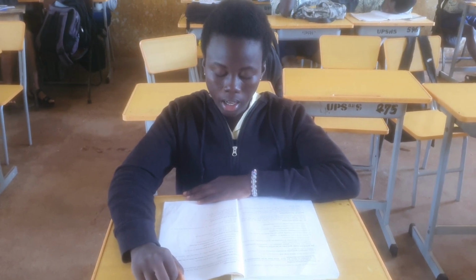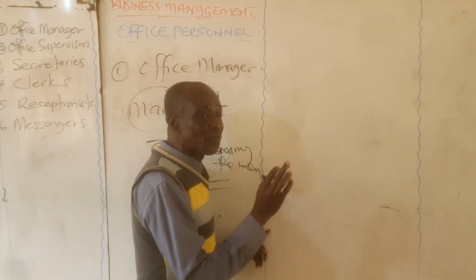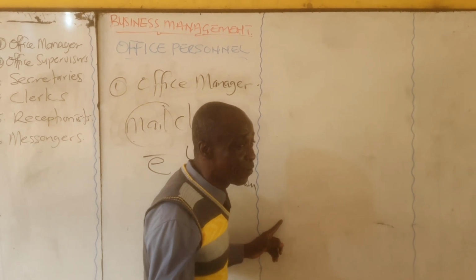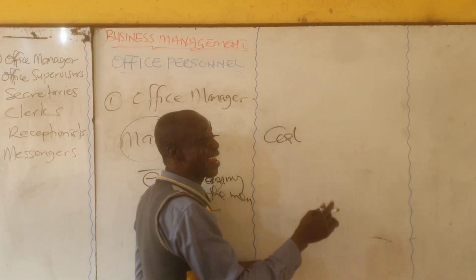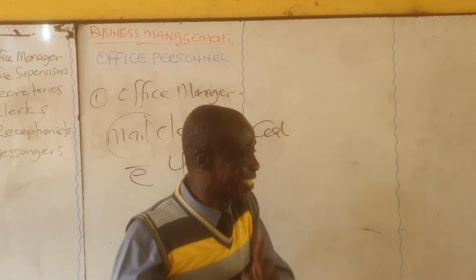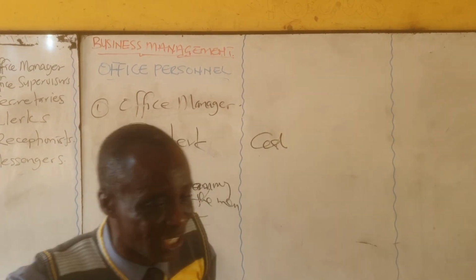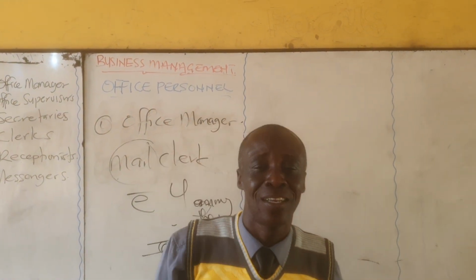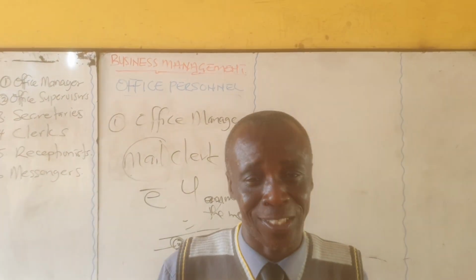Carry on. Taking care of the cash and bank transactions of the boss. Now, the secretary takes care. Listen, the secretary takes care. Look at it. Of the cash and bank transactions of the boss. So cash and what? Bank transactions. Not cash. Listen, not cash. But cash transactions. You should take note of that. The secretary is not keeping cash, but cash transactions. You should know better than probably I do because you are doing accounting.